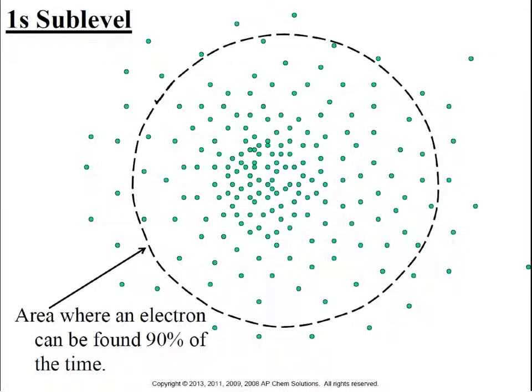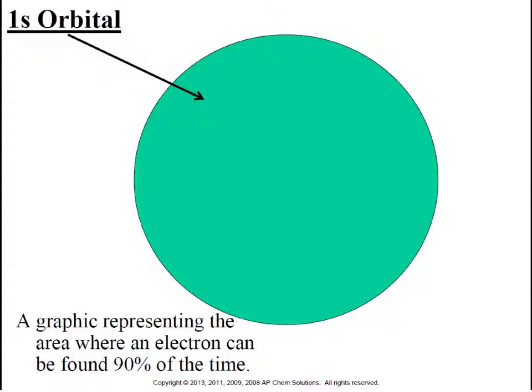Okay, so here is the region where 90% of the electrons are found in the 1s sublevel. We see it makes that circular shape, and that circular shape is what we typically draw as the 1s orbital. Okay, so here's the graphic representation of the 1s.